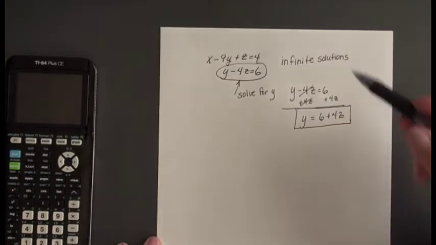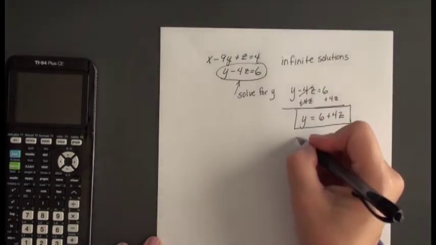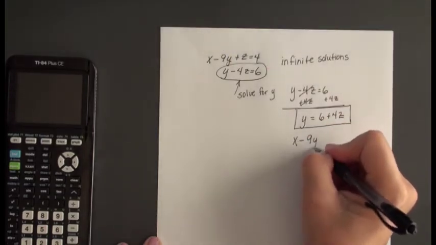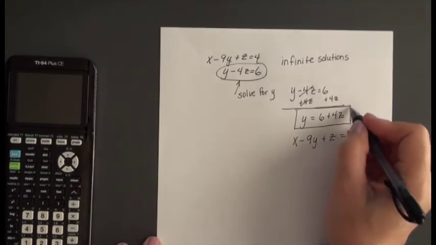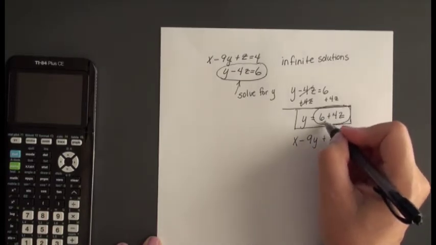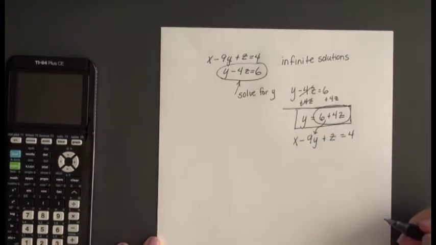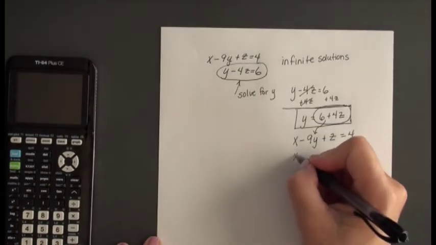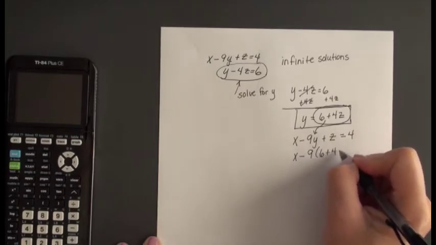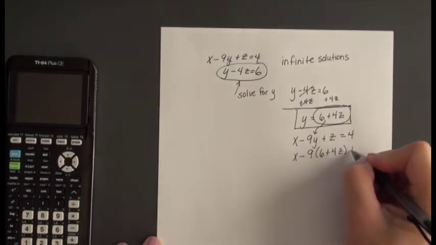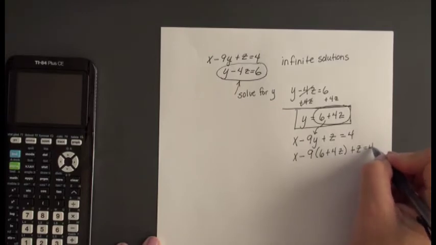Now I go up to my top equation, and I substitute in for y the 6 plus 4z. That gives me x minus 9 times (6 plus 4z) plus z equals 4.